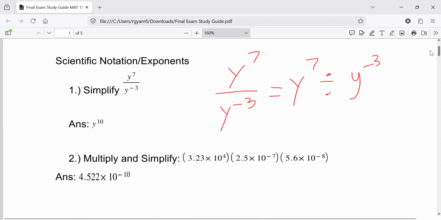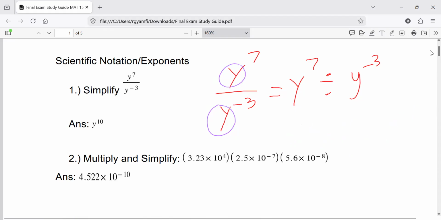From the rules of exponents, anytime you're dividing exponents with the same base, and here y is the base, so a to the power x divided by a to the power y, the rule says you subtract the powers on top. So we're going to apply this rule to this problem.